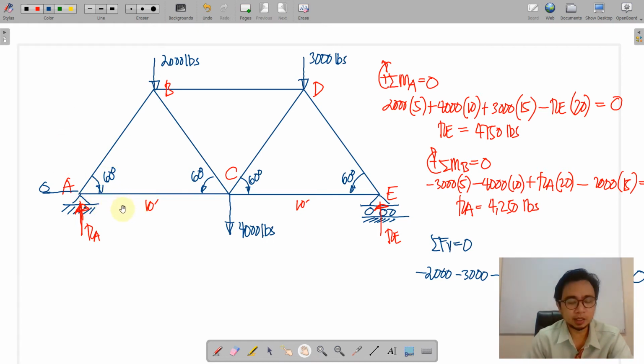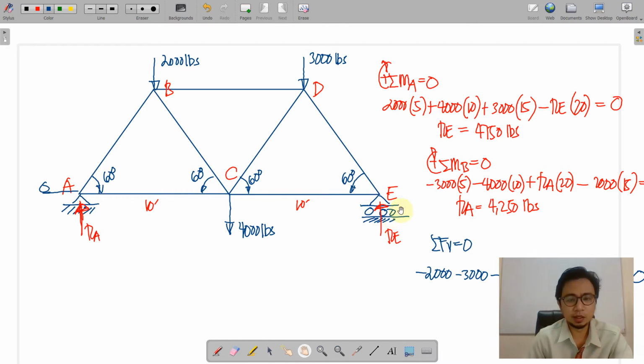Remember that the diagonal forces should have their components. So the basic first step is to choose the joint where there are only two force members. In this case, obviously, we have the edges as the simplest joints to work with.